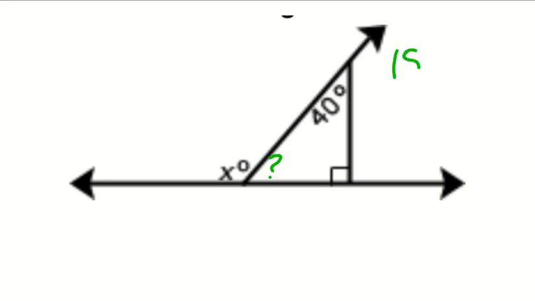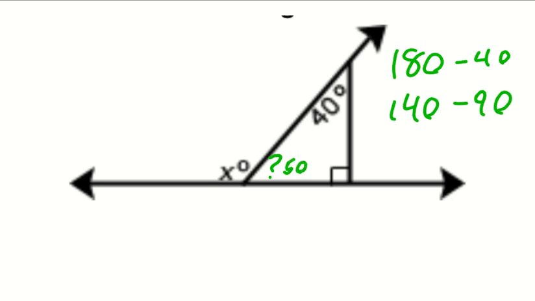So if I start with 180 and I subtract what I know, what's left will give me that question mark, right? So what are the 2 angles I know? All right, we got 40. So that's 140 when I subtract, and then it's 90. Remember the little square is 90, right? So minus 90. What that gives me is 50 right there.